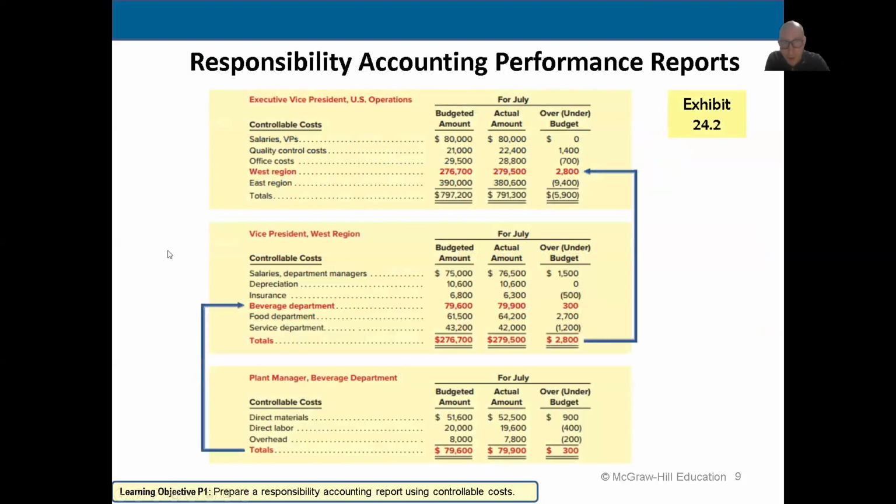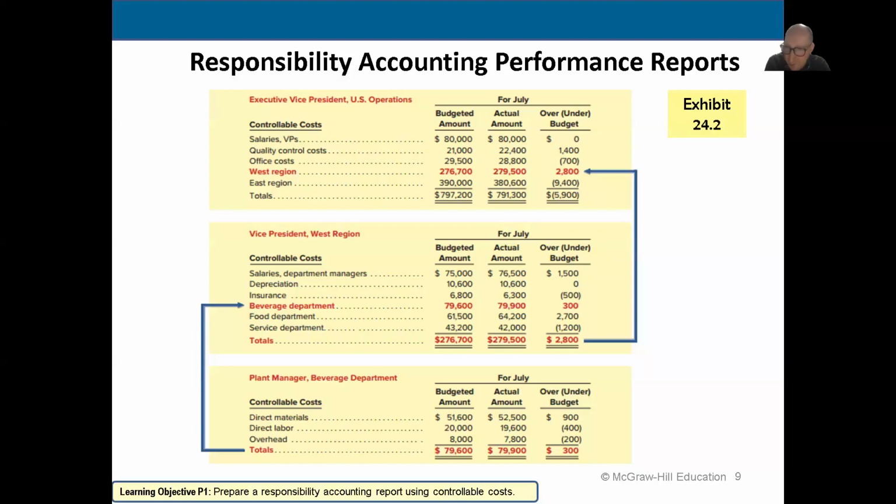And here's an example of what I had just mentioned. Looking at an example of a company that does both food and beverage. Within the beverage department, we have direct labor, direct material, factory overhead. We can see all the detail for those things within the department. Information rolls up to the region, but it doesn't roll up with all the detail, it only rolls up with the totals.